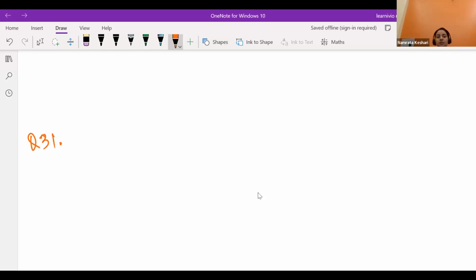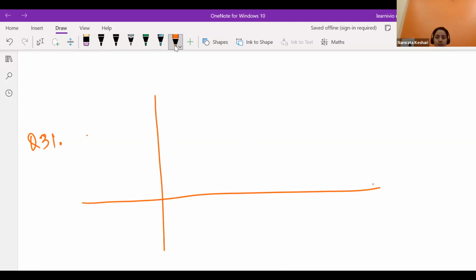Question number 31 from the revision test paper. Basically the figure is given.